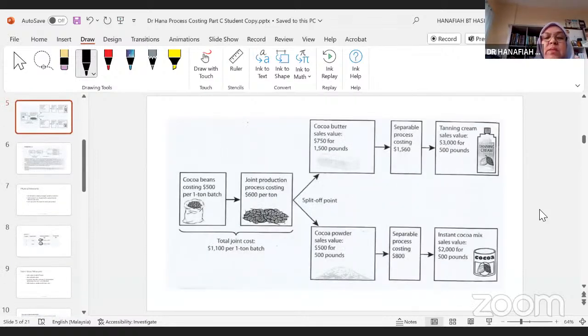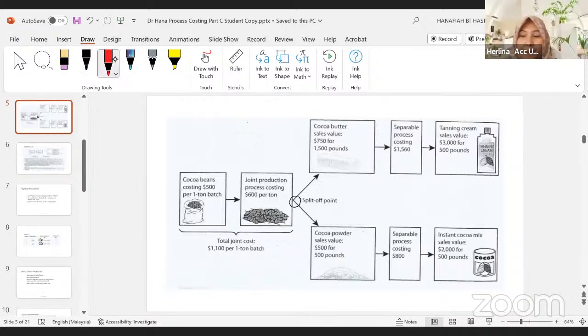Okay, you asked me about how to determine the split off point here. Anna?